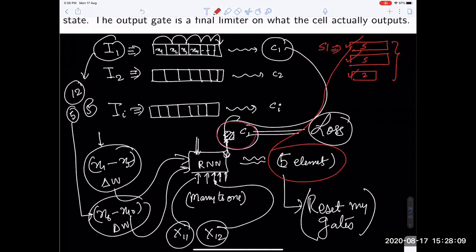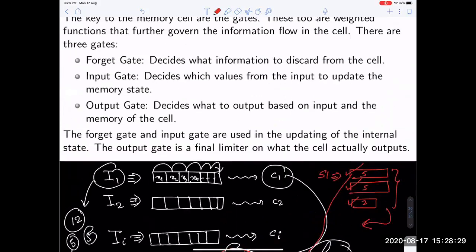Till now I didn't have a final class. Once you have got a class, you do this type of backpropagation, and you keep on doing this analysis and backpropagating like this.